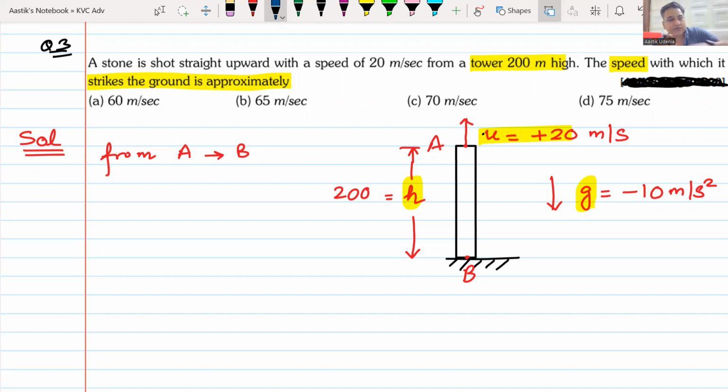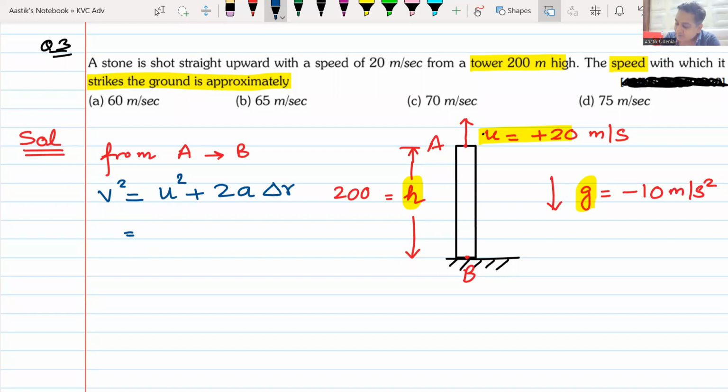Which equation should I use? Chandrika, tell me. v square equals u square plus 2gh. Yes, my dear friends, v square is equal to u square plus 2 times a into delta r.